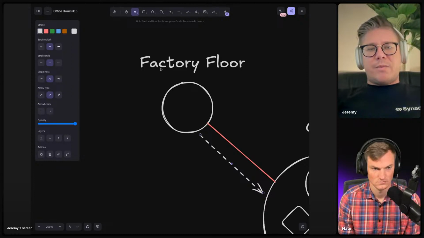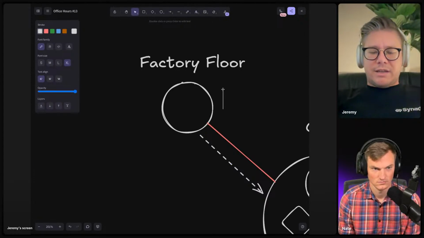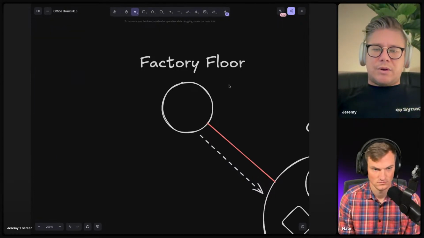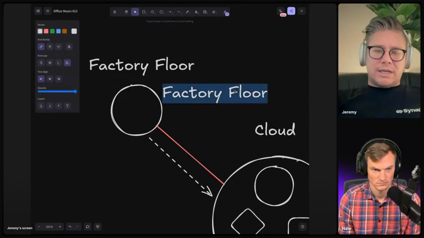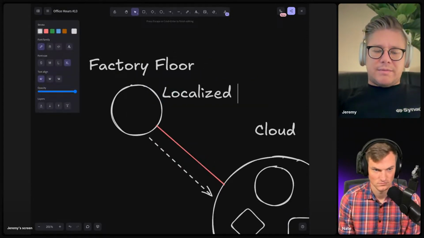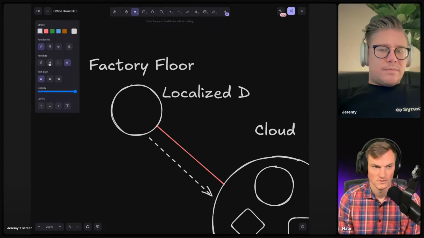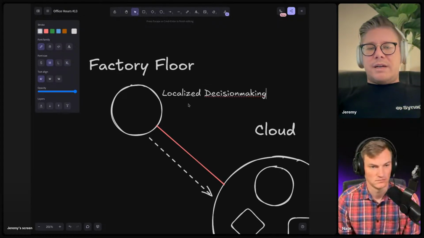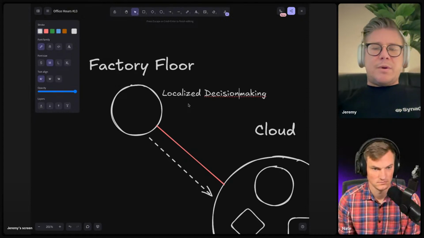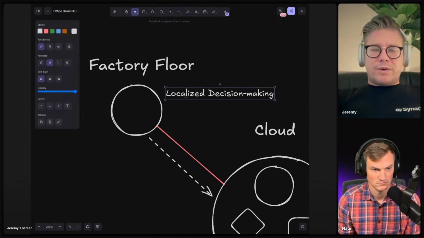And this is where we get to an idea that I think is so important for the edge. One of the trends around edge is localized decision making. This is something we've seen a lot when we've spoken with companies about what's important for them and what they are trying to do.